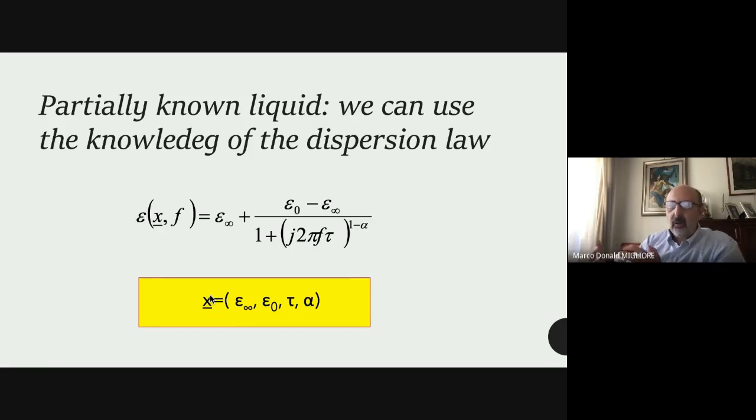So the goal of the problem is not to find X without any knowledge of this quantity, but to, let us say, improve our knowledge of X. We have some starting points for X, a starting point that is very good. We want to improve this in order to take into account the uncertainty, let us say, that we have on the liquid.